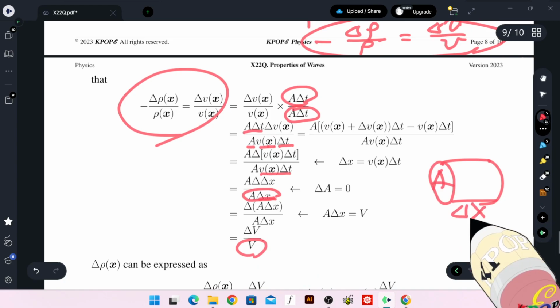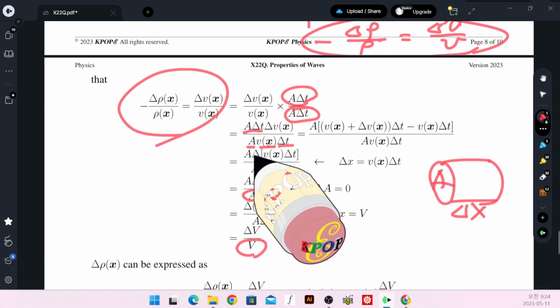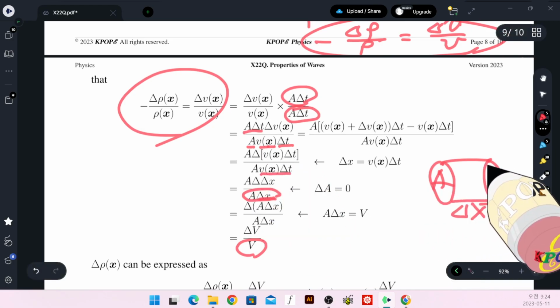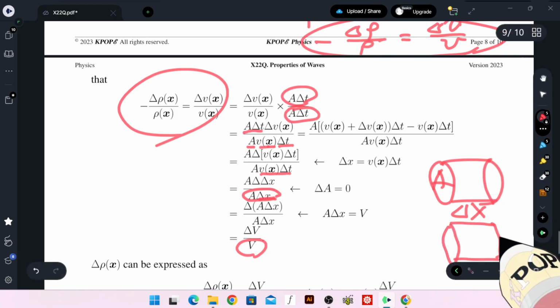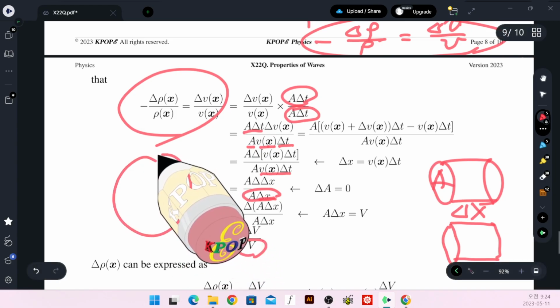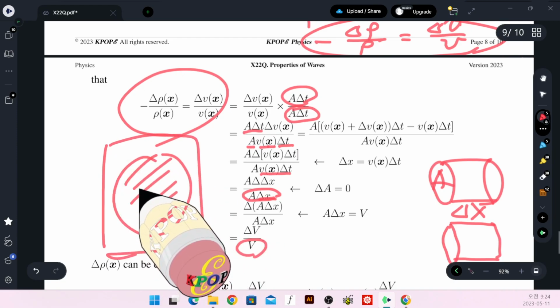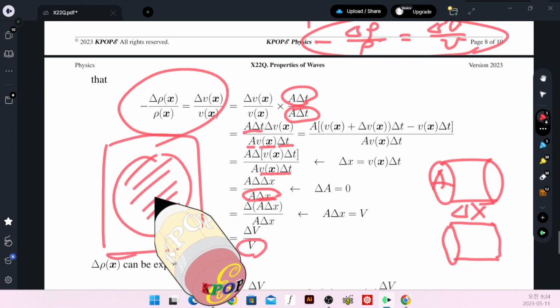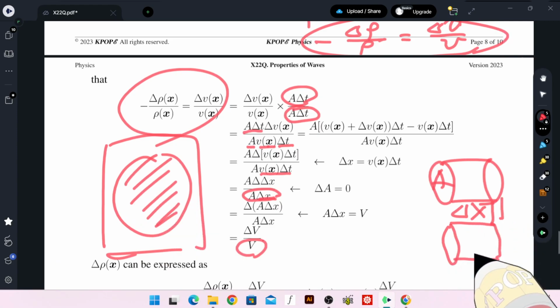And we have another differential in here that represents the pressure change that will compress this volume by a tiny amount. You know, the membrane of a speaker vibrates. This vibration results in the change in volume of this gas. That is related to the speed of sound.